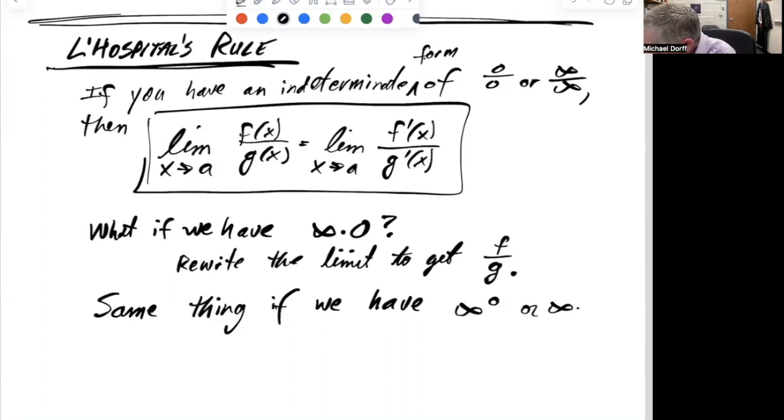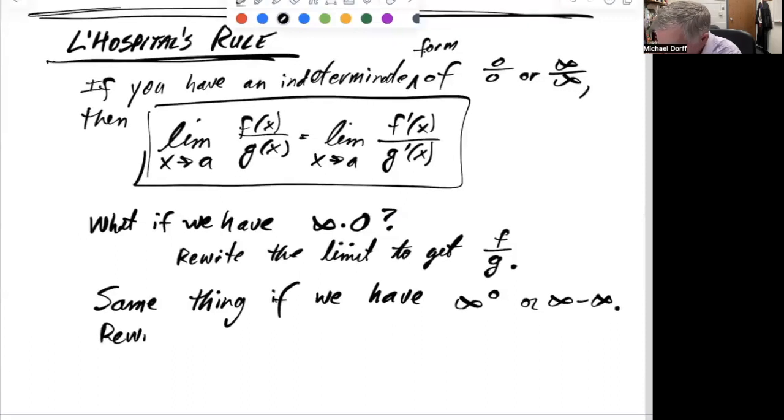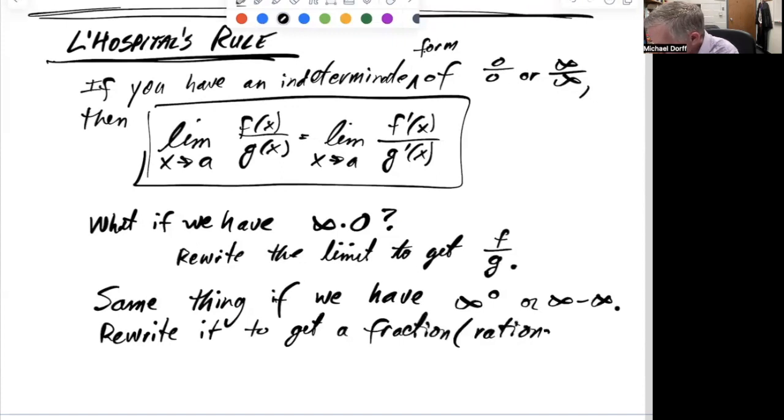So you rewrite it to get a fraction or a rational expression of the form f over g. Okay, and we'll give some examples of that so you can see how that works.